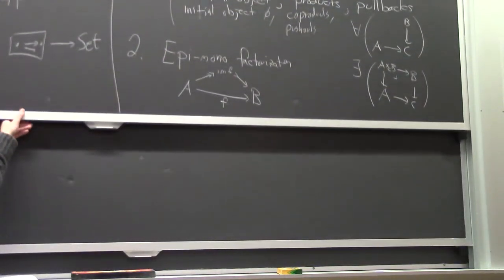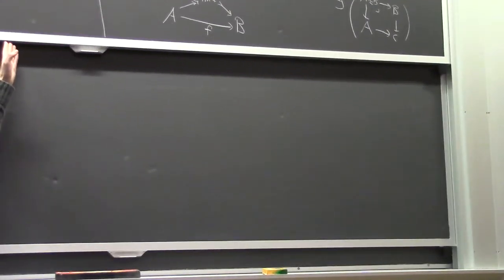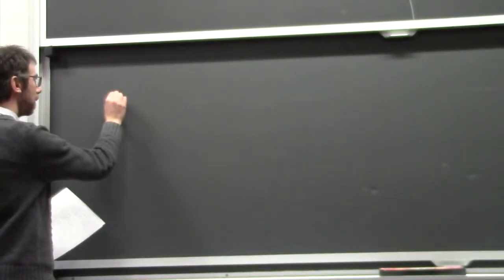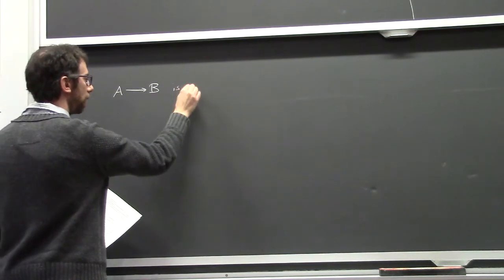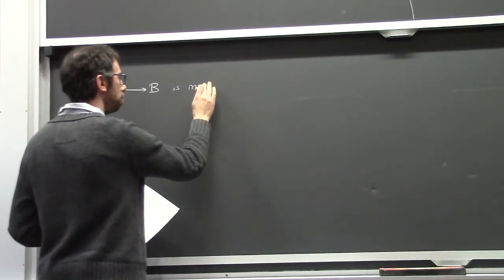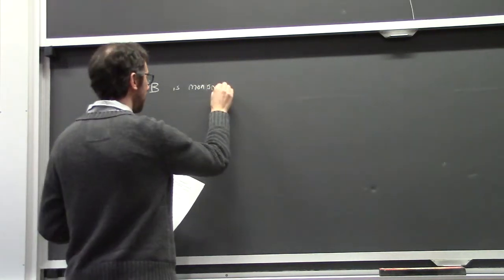How do you interpret injection and surjection in an arbitrary category? Sure, there are lots of different ways. A map A to B is an injection, or actually it's called a monomorphism. I think mono means one, like one-to-one, is where they get the word.